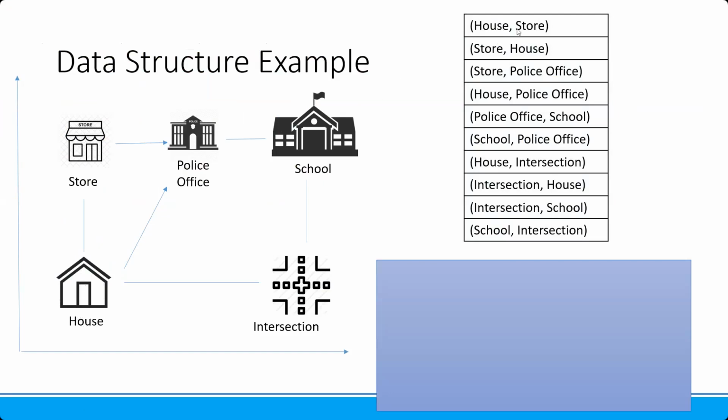So this shows that there is a direction from house to store, and a direction from store to house. Store to police office. House to police office. Police office to school. School to police office. House to intersection. Intersection to house. Intersection to school, and school to intersection. Okay. Is it a good data structure?